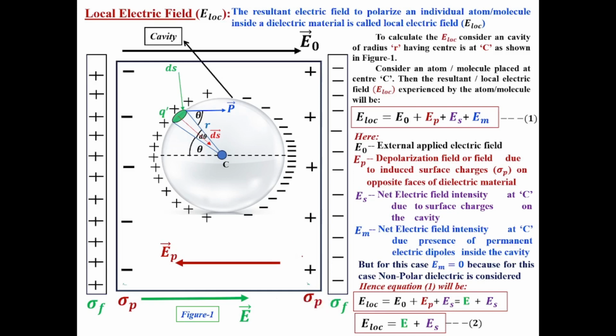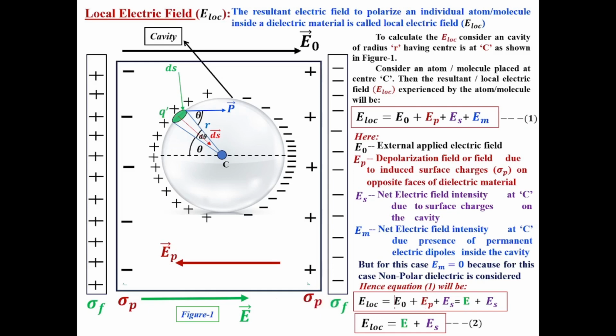So for this case, we consider this is a non-polar dielectric material. So hence EM value will be how much? 0, because for this case a non-polar dielectric is considered. Hence equation number 1 will be: E local is E naught plus EP plus ES.